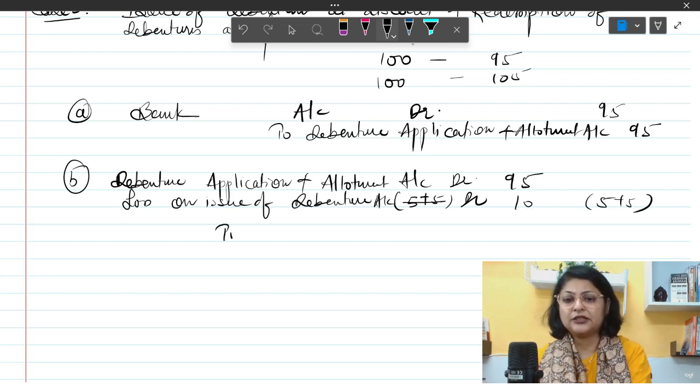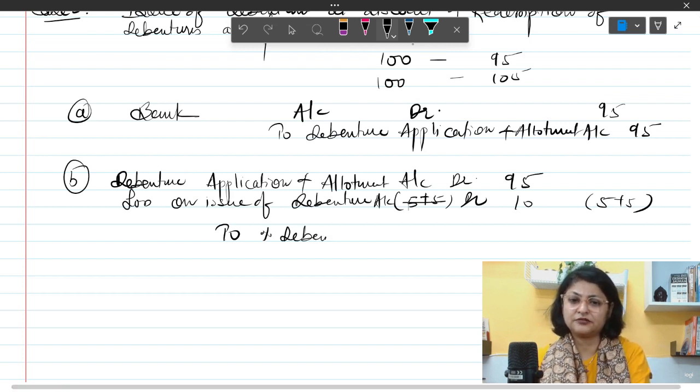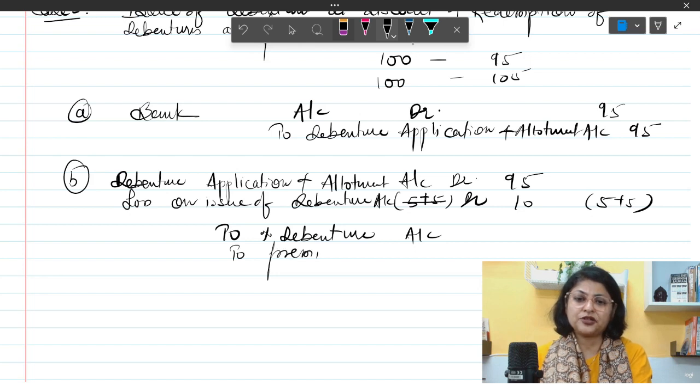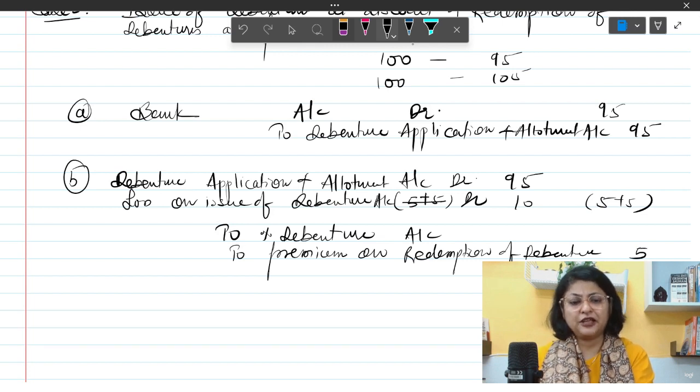And on the credit side you are going to write percentage debenture account to premium on redemption of debenture. Here you are going to write 5 rupees and here you are going to write 100 rupees.